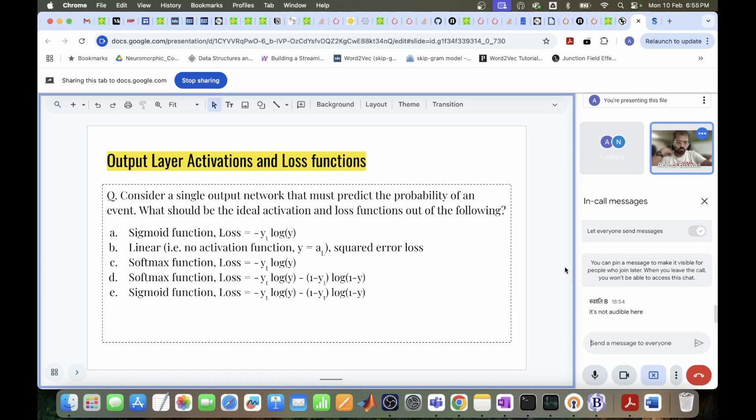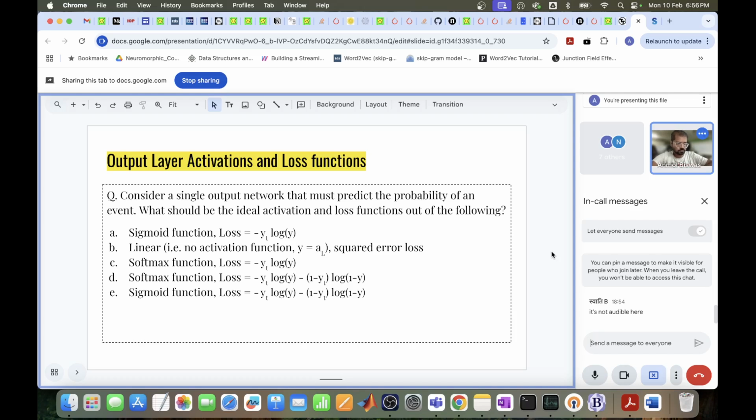So we are considering here a single output network that must predict the probability of an event, right? Here the stipulations of a probability distribution function are somewhat relaxed, obviously, because we are just predicting one single output, which means the only thing we care about is that it should be a non-negative number and its value should lie from 0 to 1.